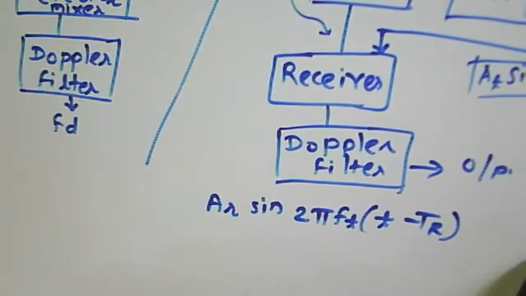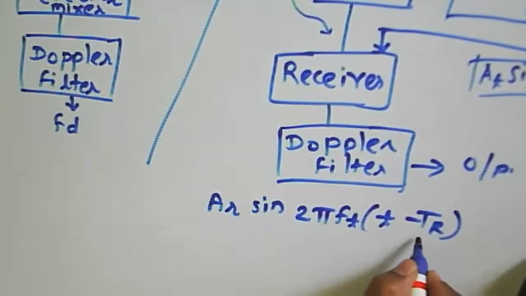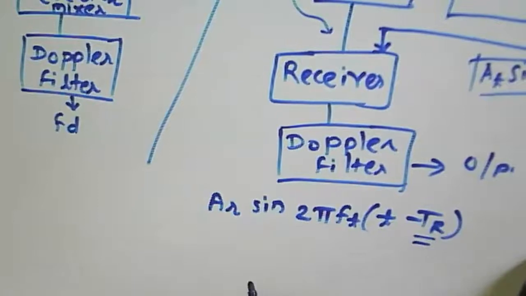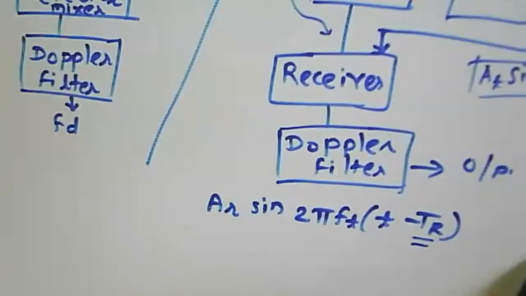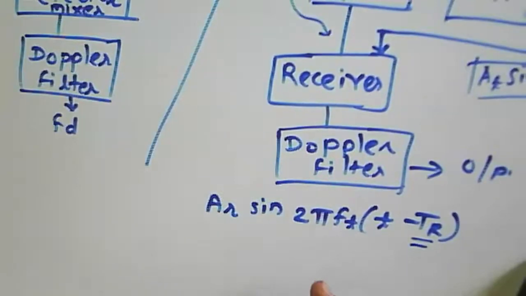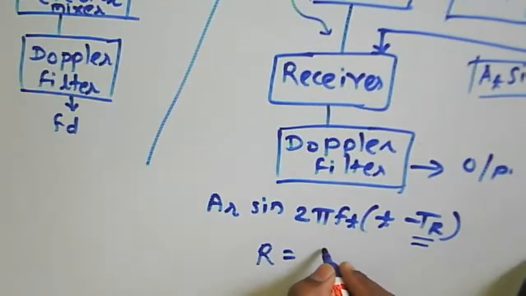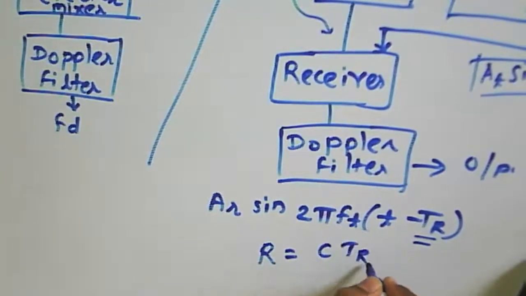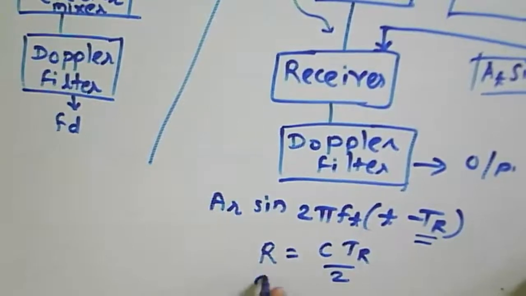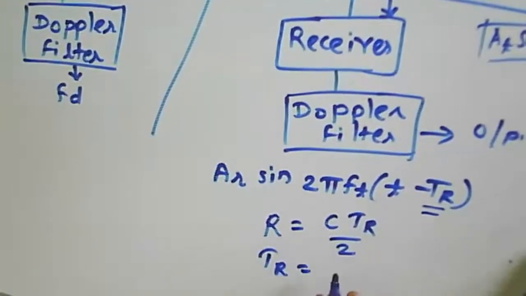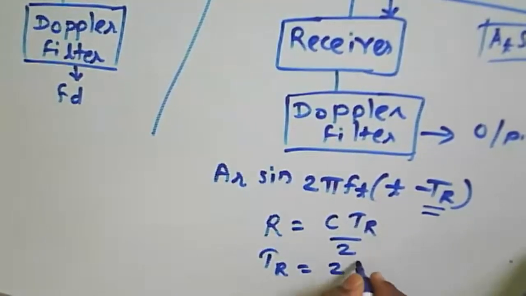Right now we need to know that this is the round trip time, and the round trip time is used to find the range here. We can write it in another way also, as C TR by 2, or in another way we can write TR as 2R by C.